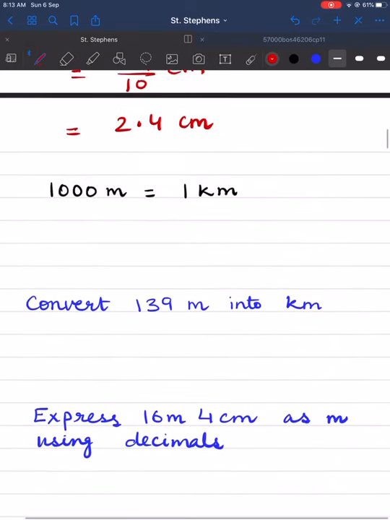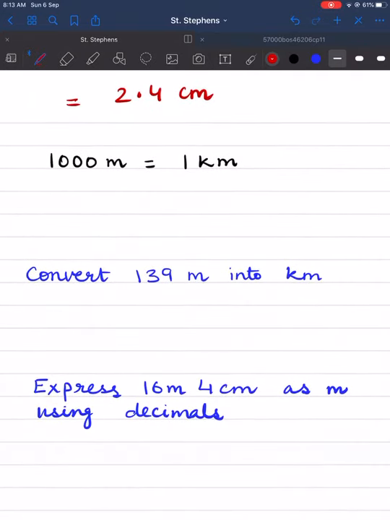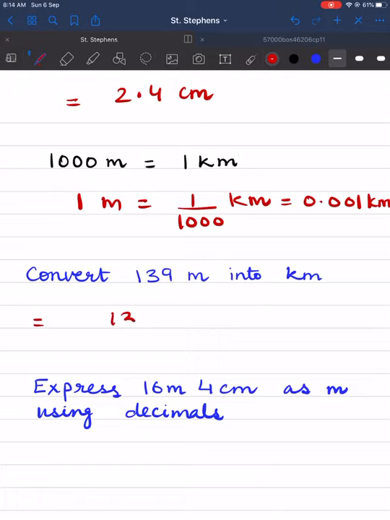Now 1000 meters is equal to 1 kilometer. And 1 meter is equal to 1 upon 1000 kilometers, which can be expressed as 0.001 kilometers in decimals. Now let's convert 139 meters into kilometers. So it is 139 upon 1000 kilometers.